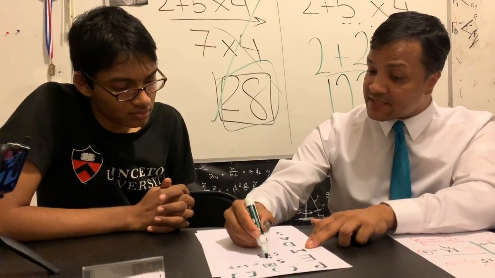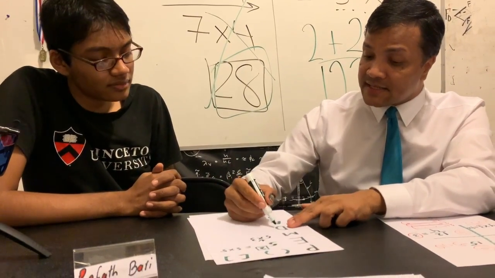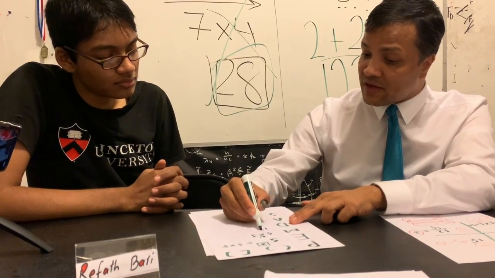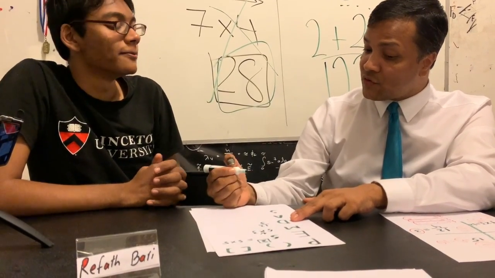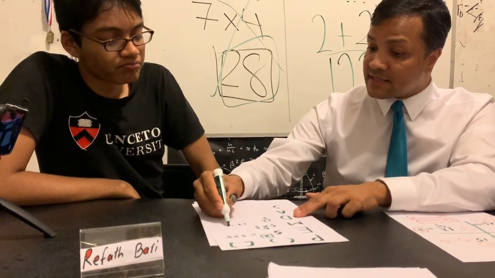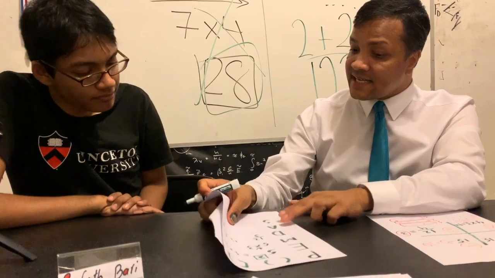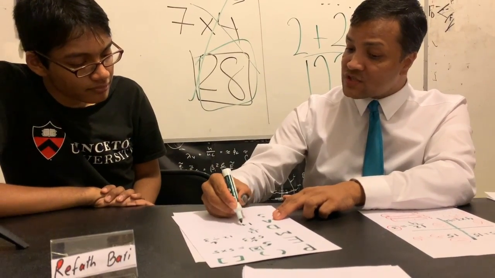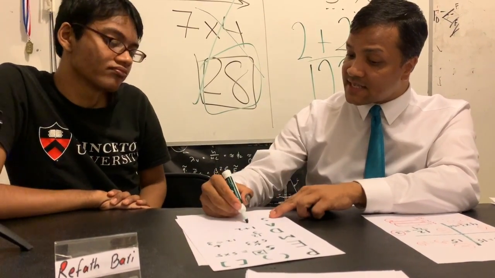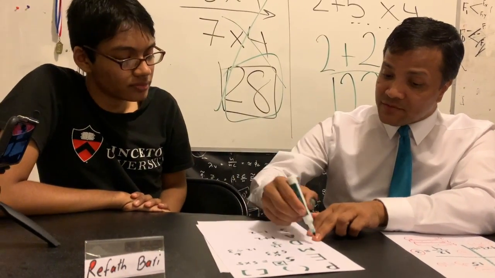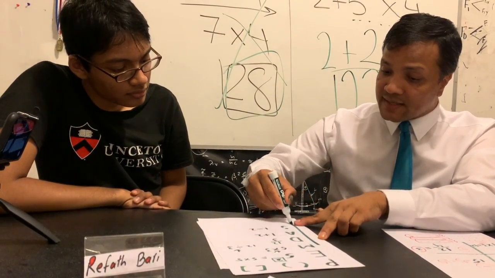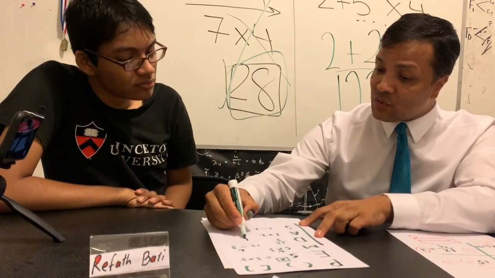Division. An example of division you saw earlier: 12 divided by 3. Addition, you saw before: 1 plus 2. And subtraction is 1 minus 2. Now these four, they go left to right.